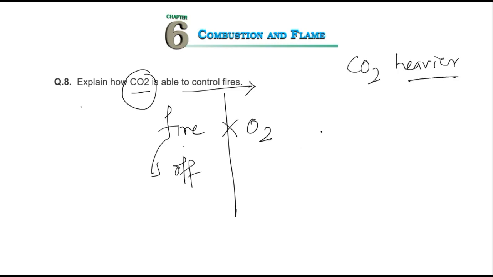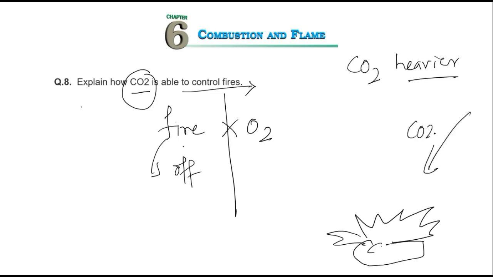So what happens, because of this property, if there is a fire, let's say a fire on a certain substance here, and you pour carbon dioxide gas over it, and it is already taking oxygen from the surroundings.